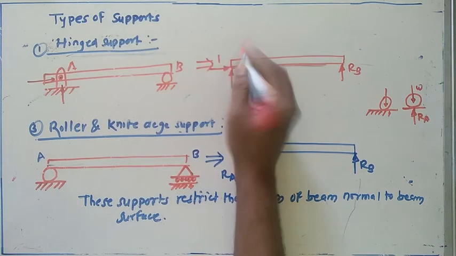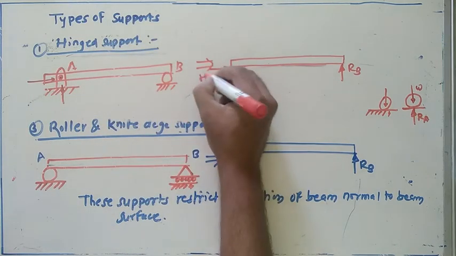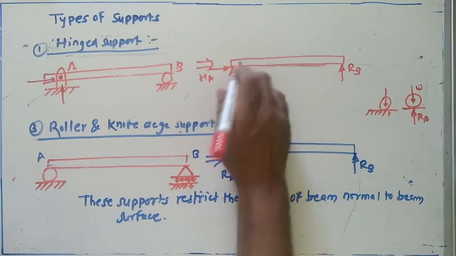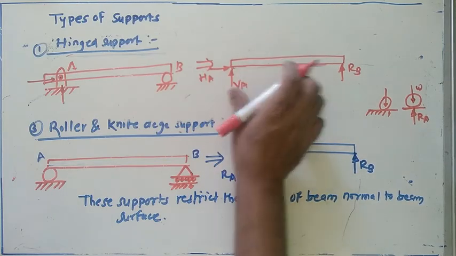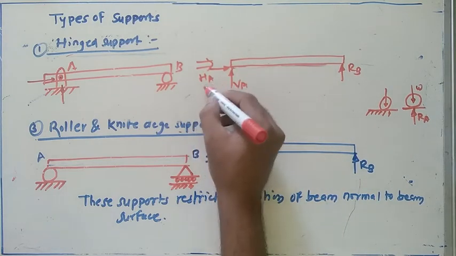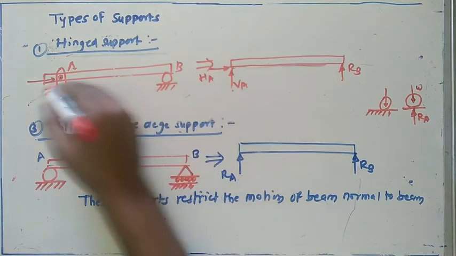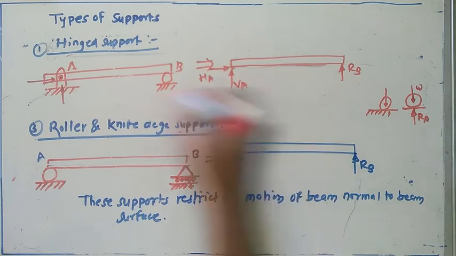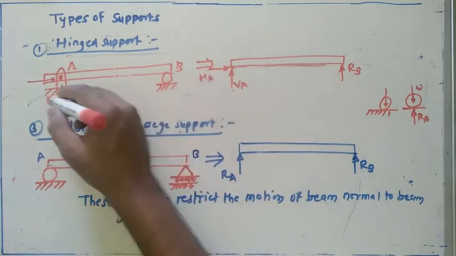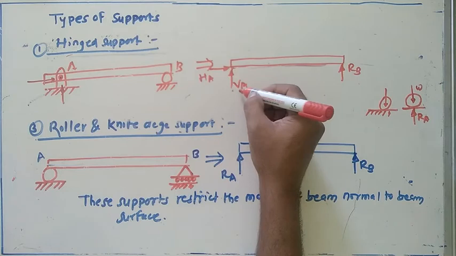That's why the reaction comes from the horizontal direction as well as the vertical direction. So for the horizontal component I'll say HA, and the vertical component, since vertical motion is blocked here, I'll consider as VA.